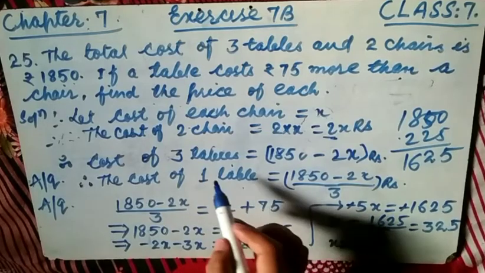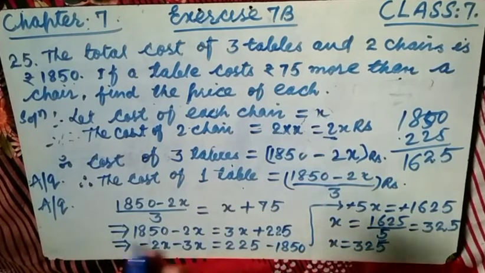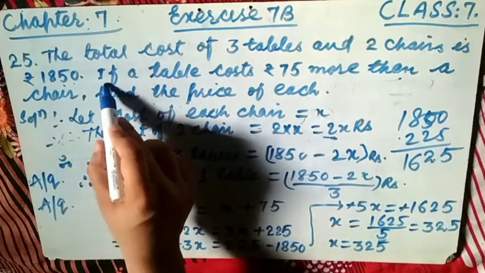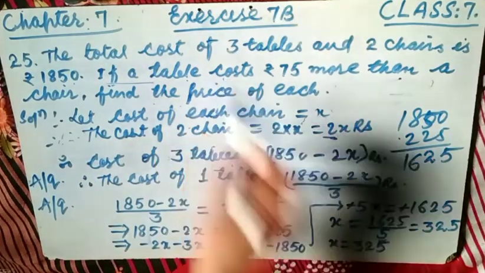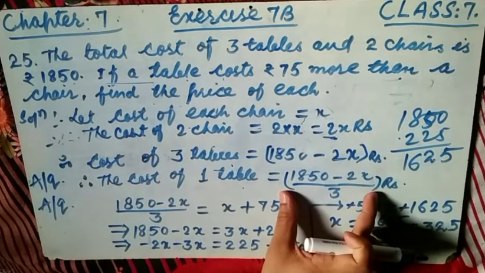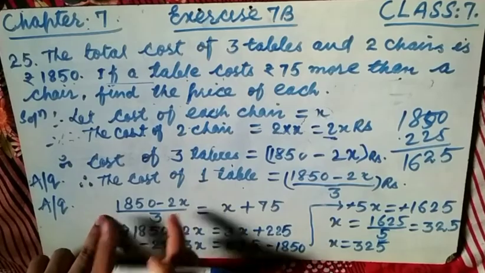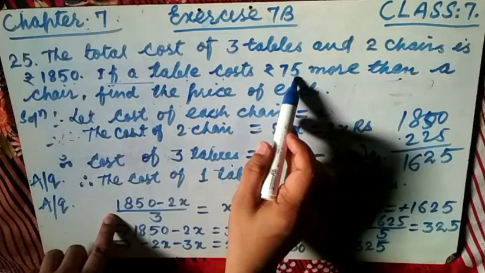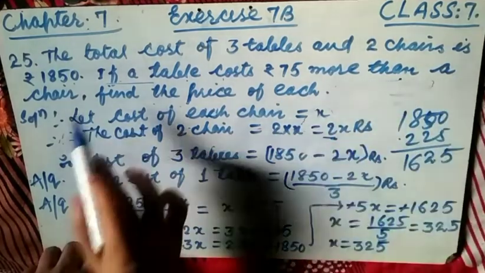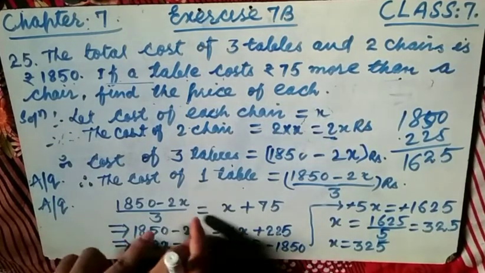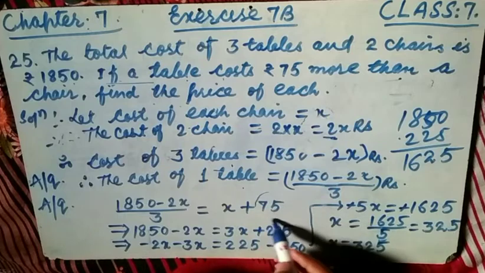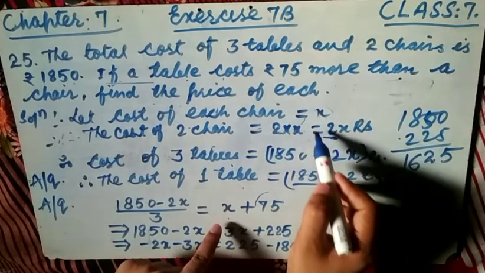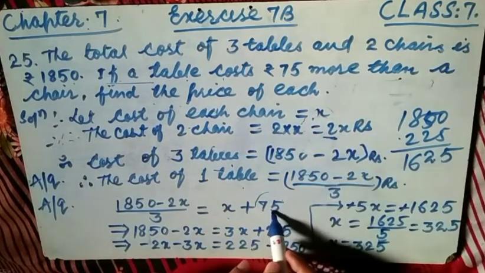Now see, according to the question, a table costs 75 rupees more than a chair. So 1 table cost is equal to 75 rupees more than the chair cost, means X plus 75.